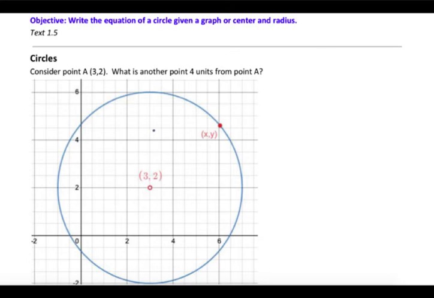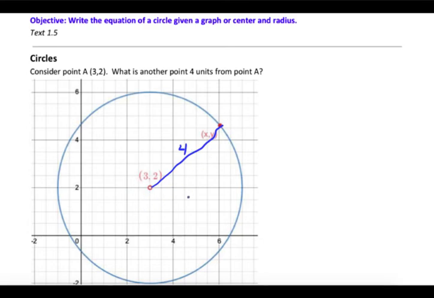So in our previous illustration, we saw that all the points along this circle represent points that are a fixed distance away from that center. And we said that the distance was 4.